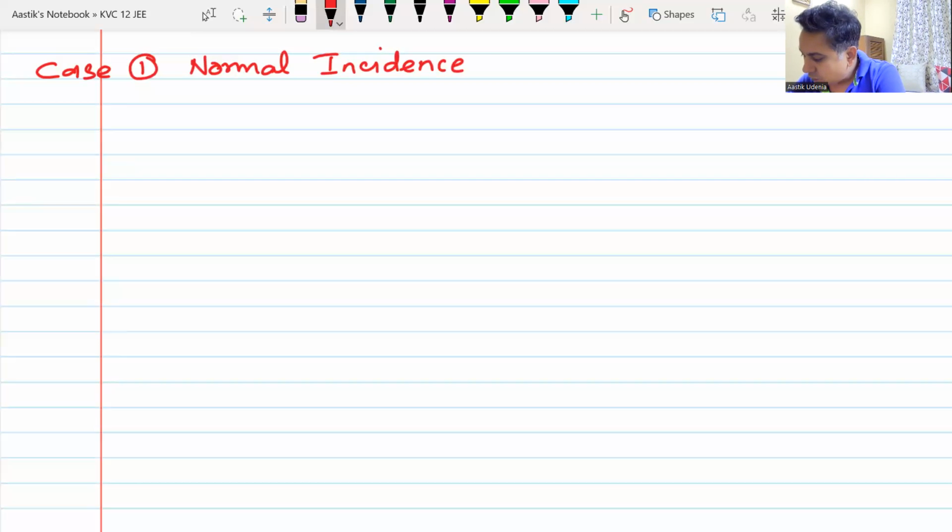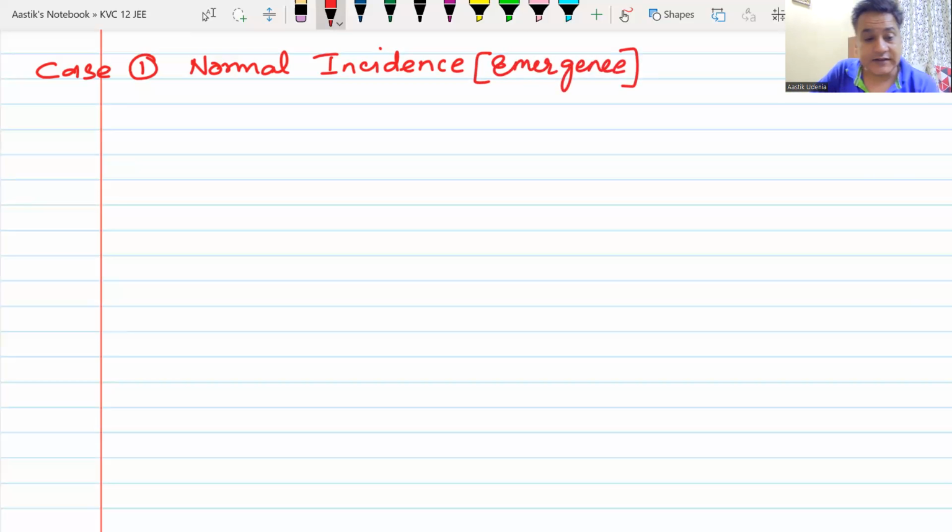So the first case you can call the case of normal incidence or normal emergence, and I'll show you that case, and you will just note down what is going to happen in that case, and we will keep it with us.